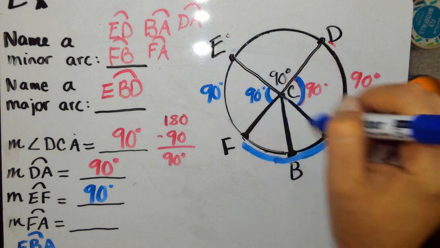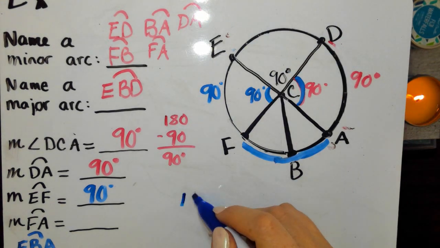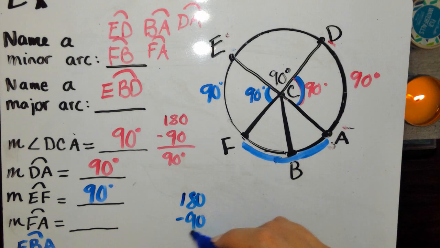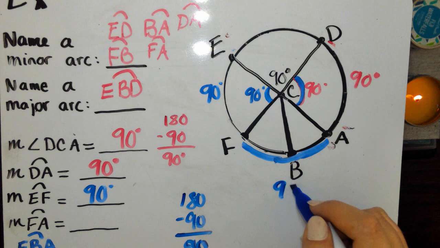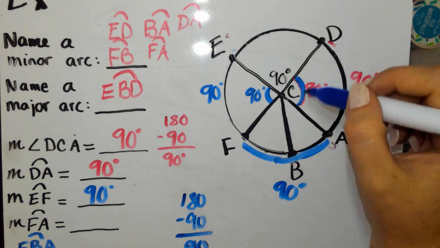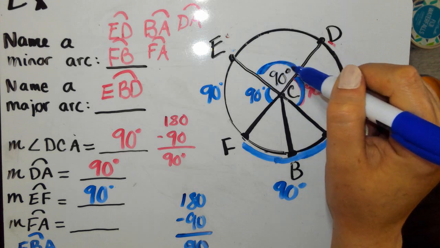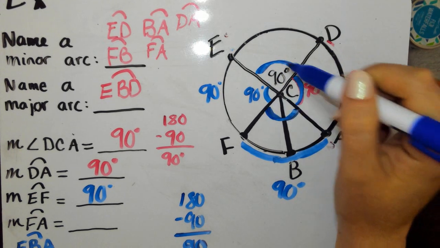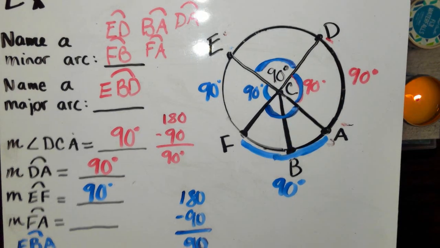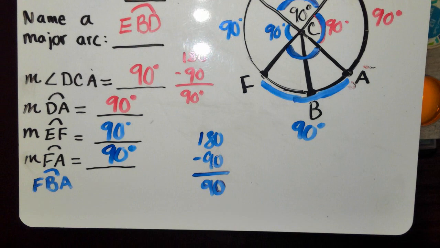One, from E to A, this is a straight line, which is 180 degrees, so 180 minus 90. The 90 that we have here would mean that this would also need to be 90 degrees. You could also see how this angle right here, being 90 degrees, is vertical with this angle here. So if that's 90, then again, that will need to be 90 degrees.